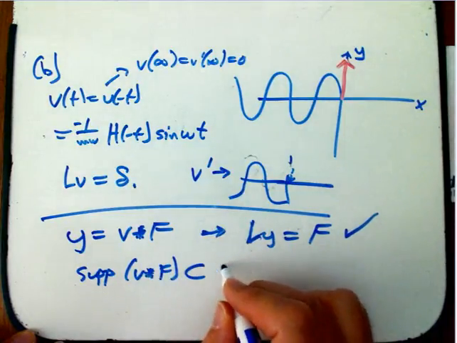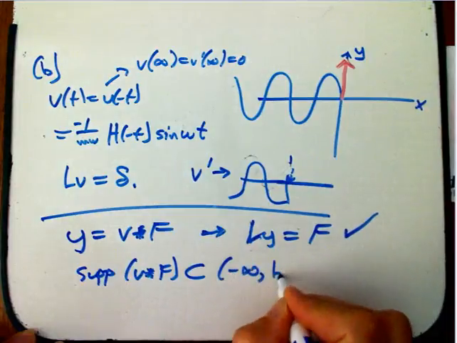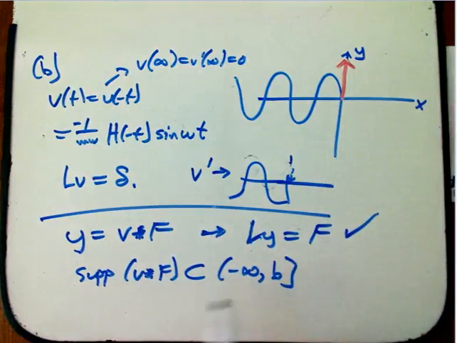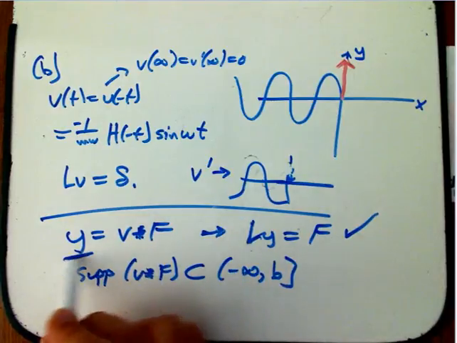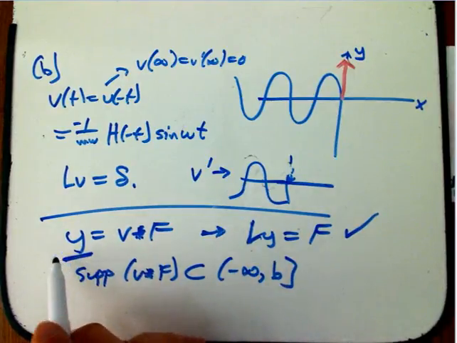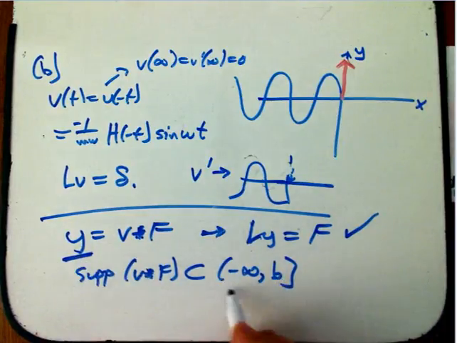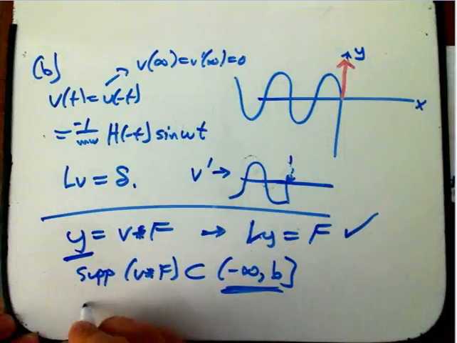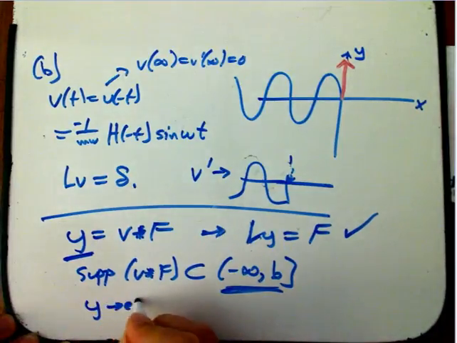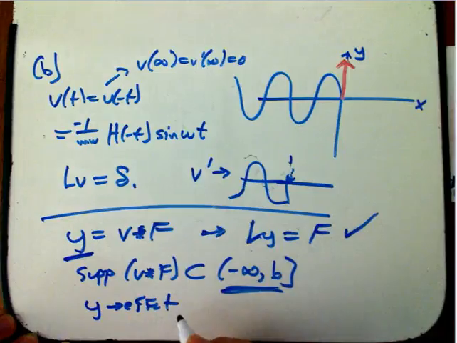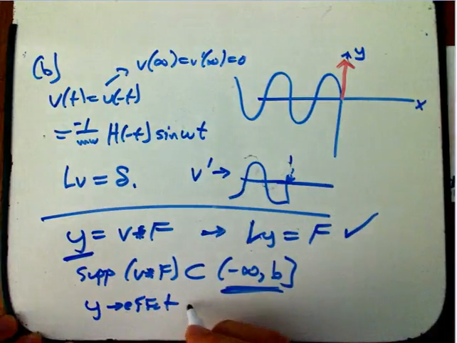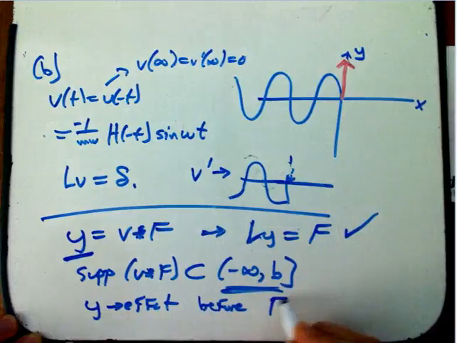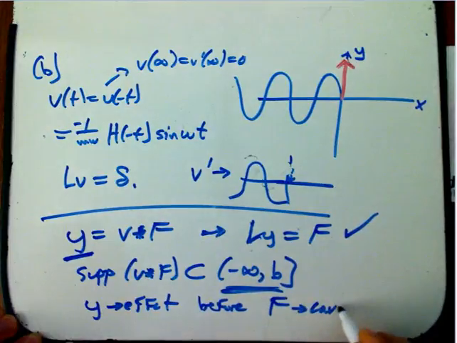That is going to be contained in minus infinity to b. Okay, great. Well, that means that the support of the effect doesn't go after the cause, but it can go before it for an arbitrary length of time. That's weird. So here y, which is the effect, is before the f, which is the cause.